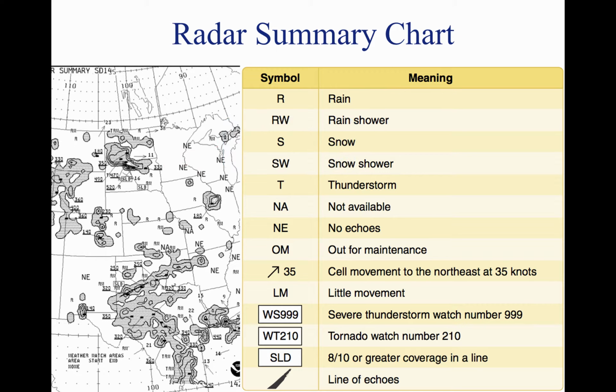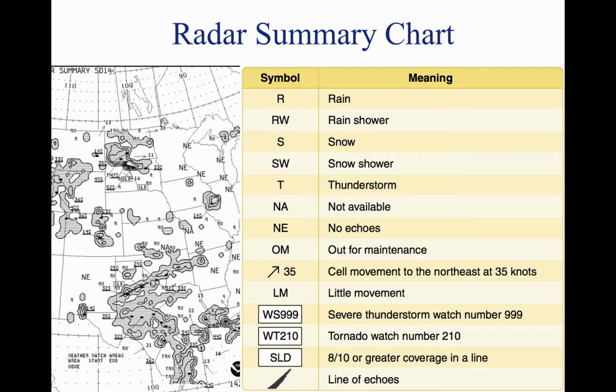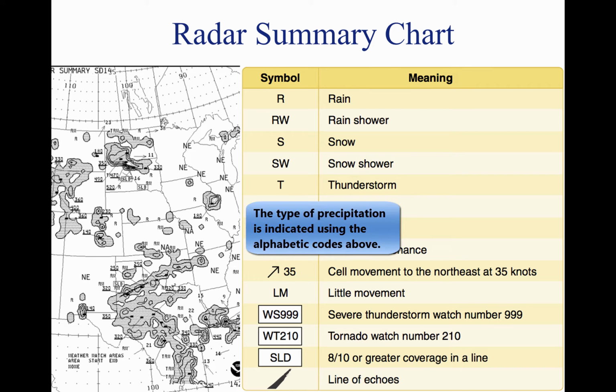4. Movement of cells. Individual cell movement is indicated by an arrow pointing in the direction of movement. The speed of movement in knots is the number at the top of the arrowhead. LM indicates little movement. 5. Type of precipitation. The type of precipitation is marked on the chart using specific symbols.